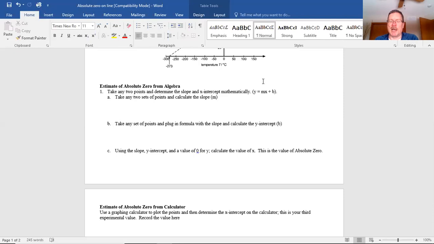Okay, so in y equals mx plus b, then you're going to have 0 equals your slope, x, plus the y-intercept b, and you're going to solve for x. And again, hopefully it's some number close to negative 273. We'll find out. Okay.